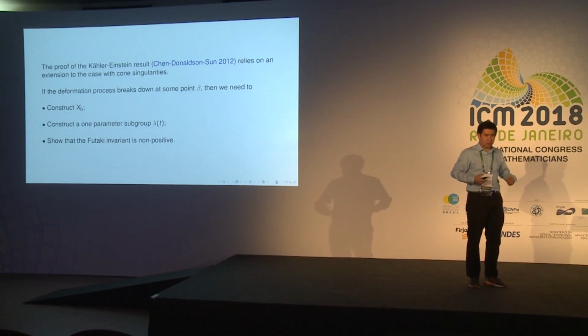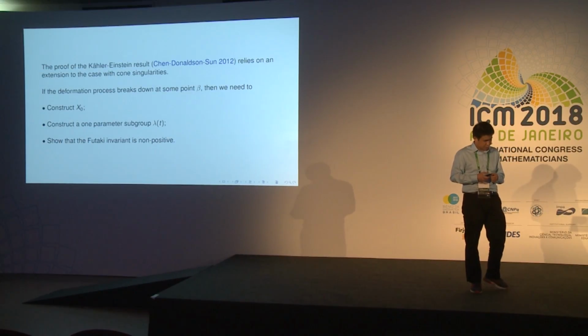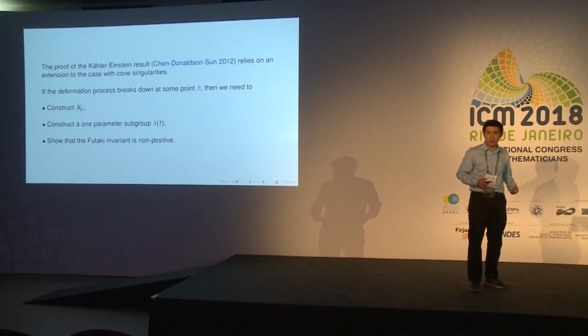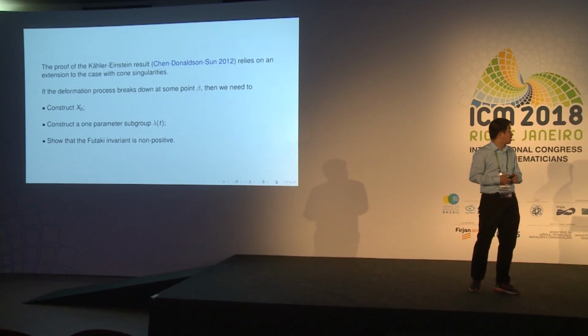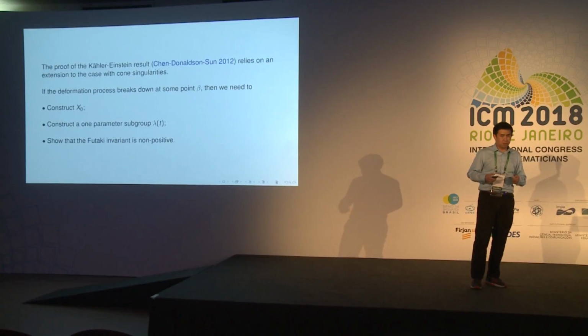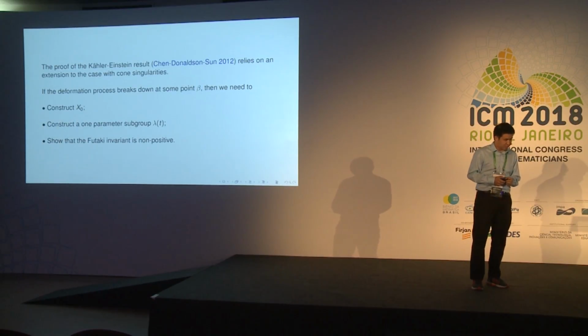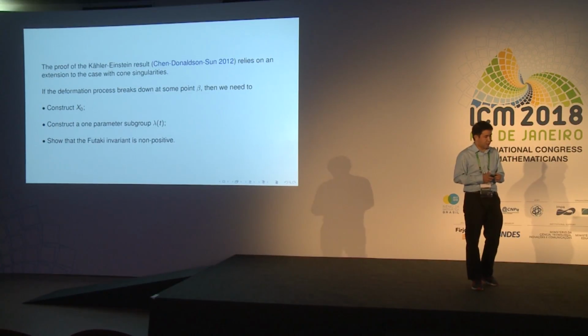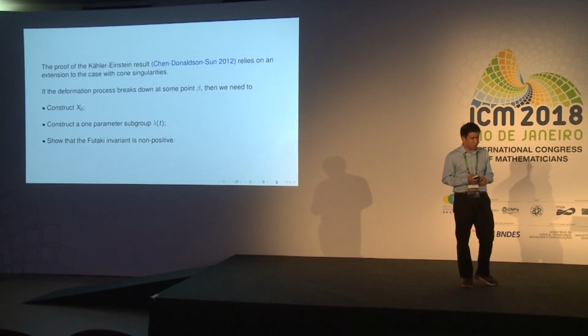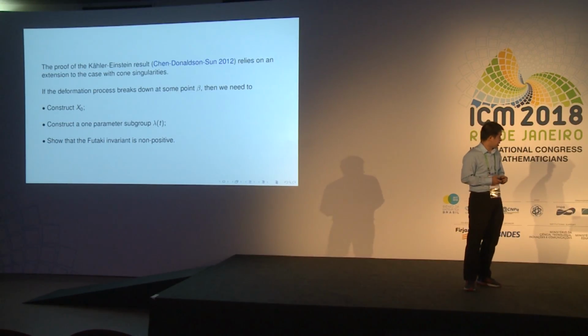So go back to this continuity method in the proof of the original Kähler-Einstein result. We will need to extend this previous one to metrics with cone singularities. So remember, at the point when the deformation breaks down, we want to construct a test configuration, which involves, in particular, the limit algebraic object X0.